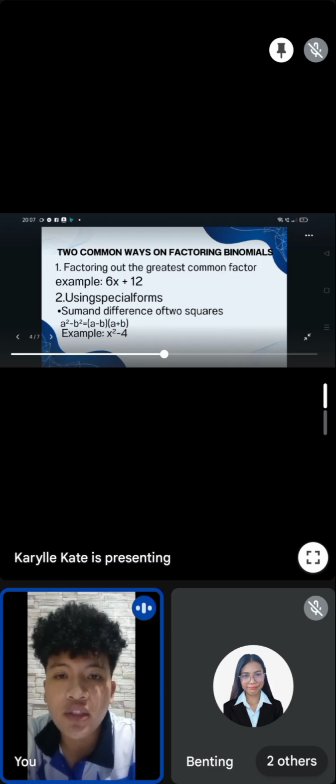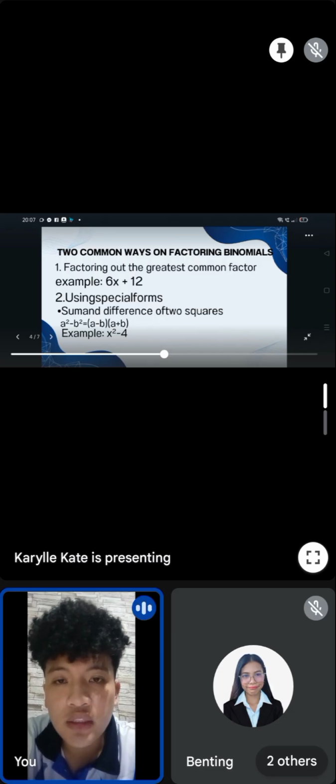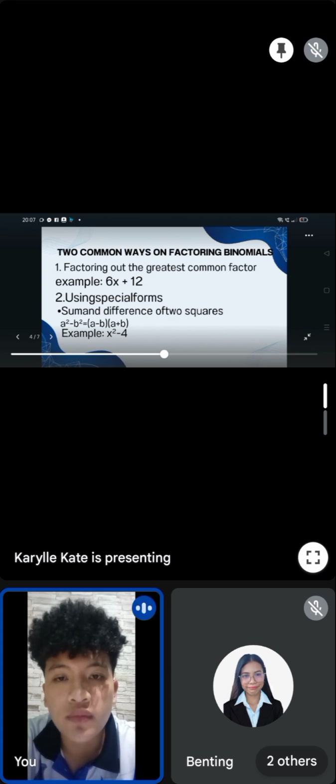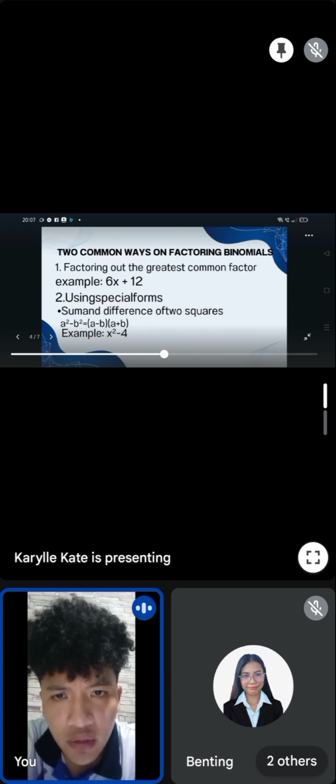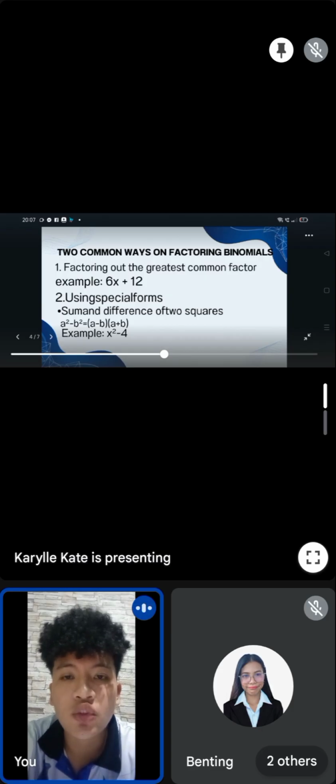So the greatest common factor here is 6. To factor 6x plus 12, we put 6 outside, and what will remain in the parenthesis is x plus 2.